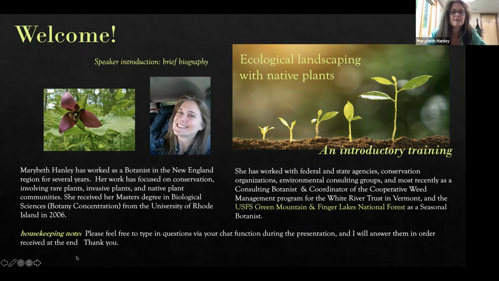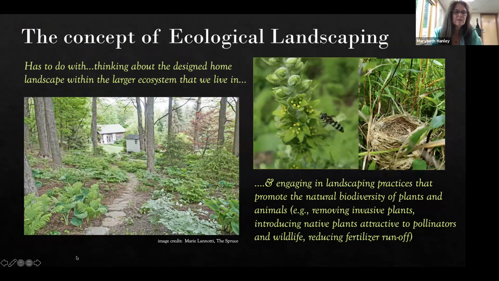Generally, when we're talking about the concept of ecological landscaping, it really has to do with thinking about your home and your landscape within the larger ecosystem that we live in.